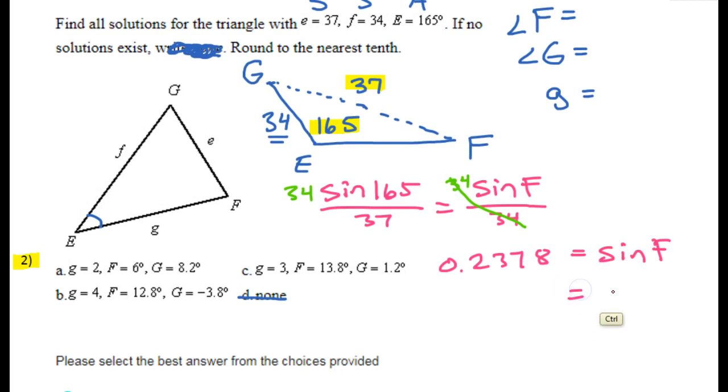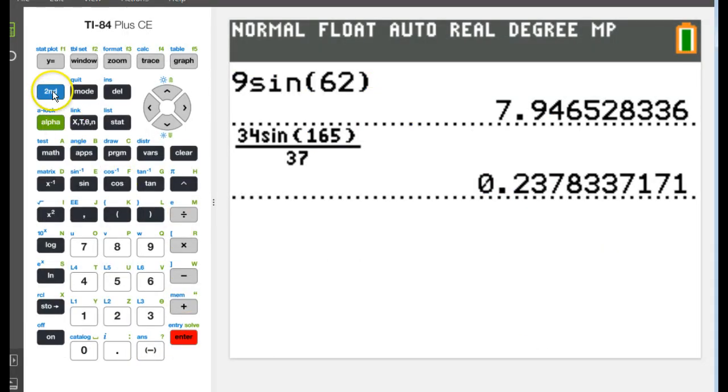If I want to find angle F, if I want to get F out of here, I have to do the inverse sine of 0.2378, and that'll give me angle F. So here I go: inverse sine of 0.2378.